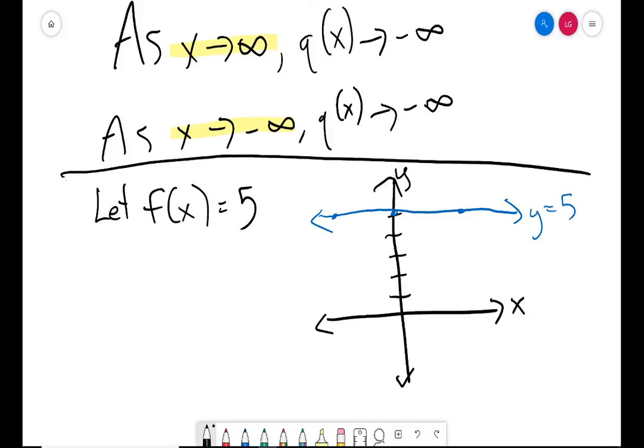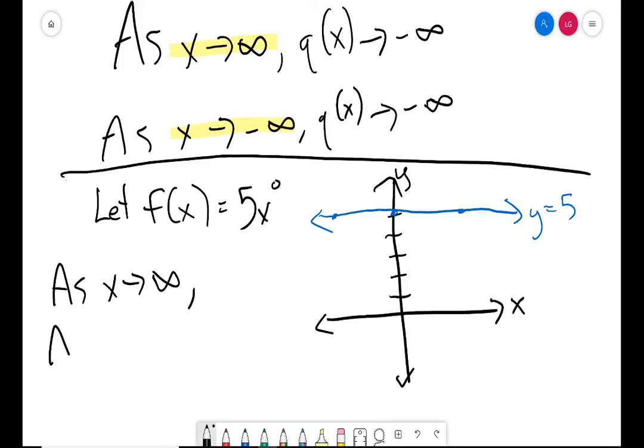What does that mean for end behavior? Well, first of all, it's a degree 0 polynomial, if you recall. The highest power of x is 0. 5x to the 0.